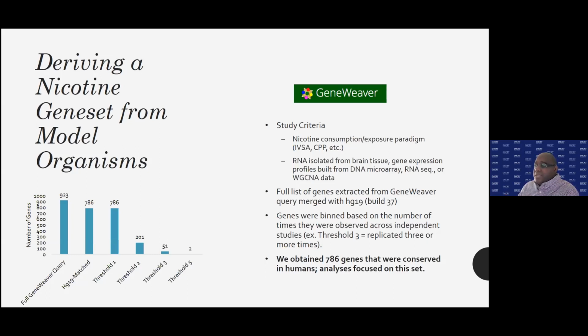And so one of the things you'll see later on in the next study I talk about is that we move this threshold up from just being the evidence that we observe across these sort of genes. So here we're using over 700 genes. In the subsequent study, when we look at drinking, I described a study on drinking, we actually set a threshold of 2 or more, so it had to have replicated. And that actually plays a role as well into the level of enrichment that we see, but also our confidence in the findings and the relevance of the genes that we're studying.